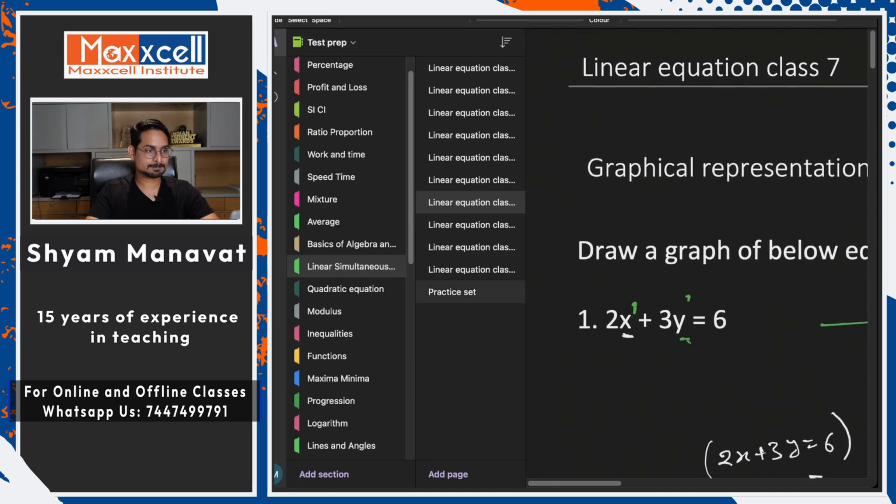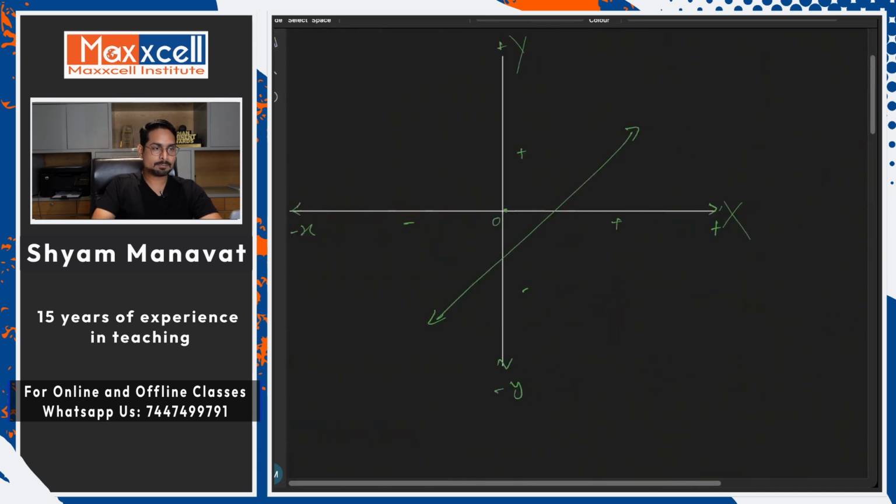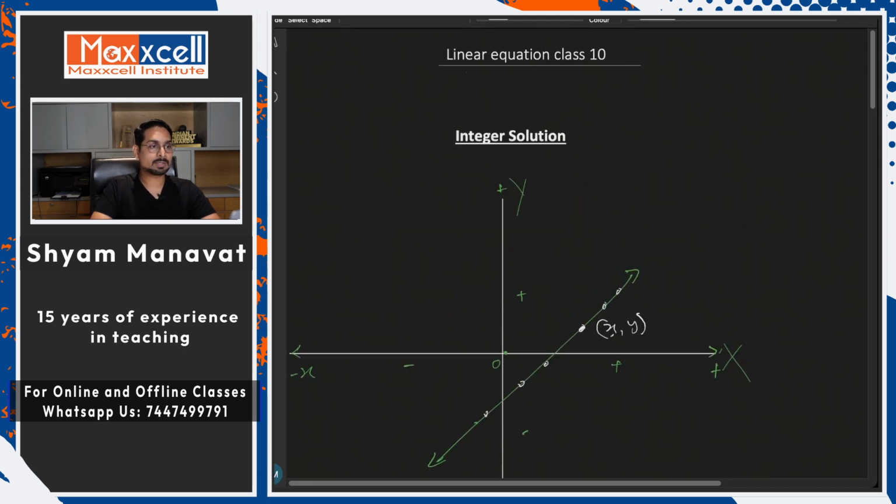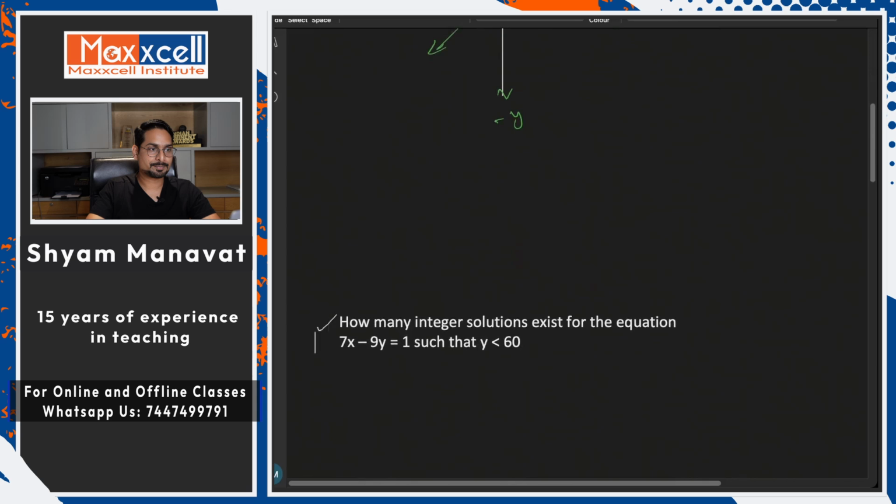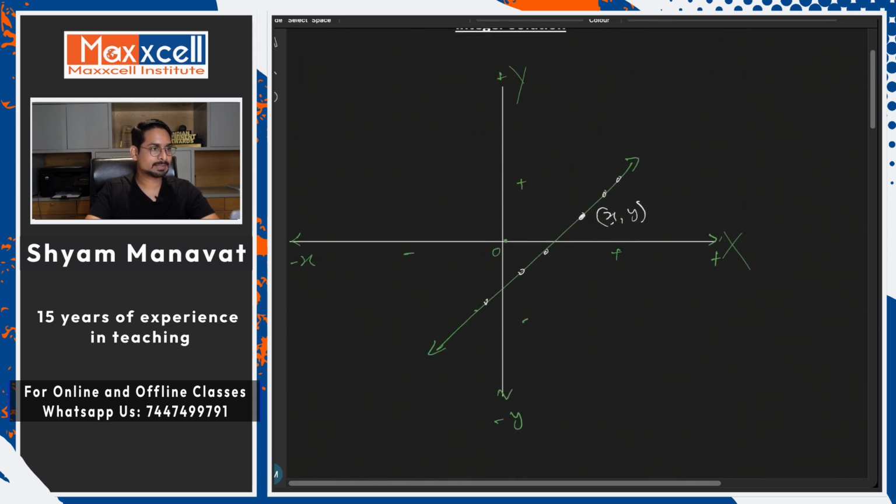Same way, if you plot the linear equation on the xy plane, it will definitely pass through many points. You need to find out whether these points have the combination of coordinate x comma y where x and y both are integers. This is what it means by integer solution. I hope that's clear.